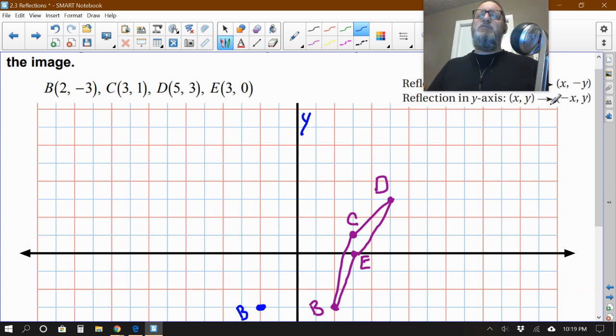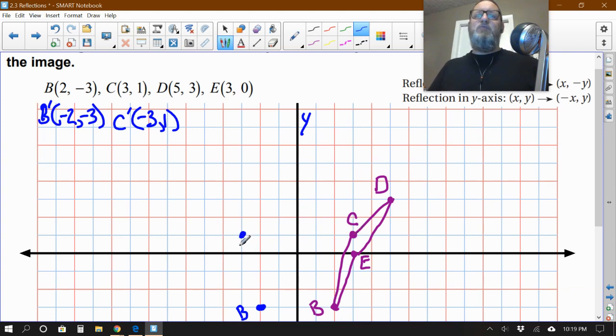So again, reflecting across the y-axis, so we're changing the x. So B prime changed the x. So it'd be -2, -3. And I believe that's where I put it, -2, -3. Perfect. So C prime, okay, so now we change the x to go across the y-axis. So that'd be -3, 1.